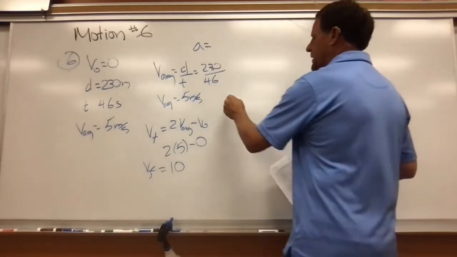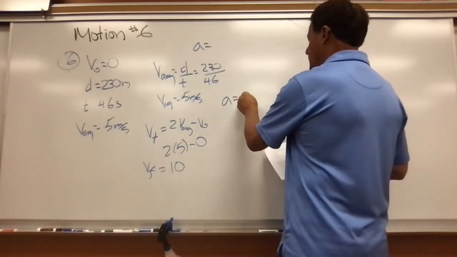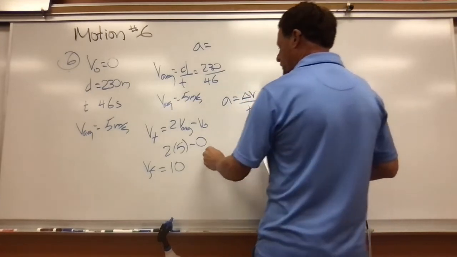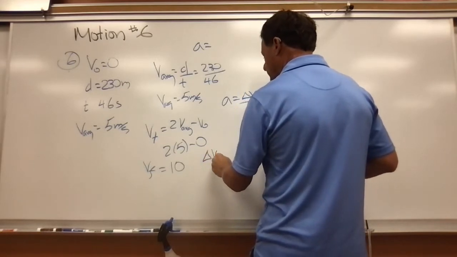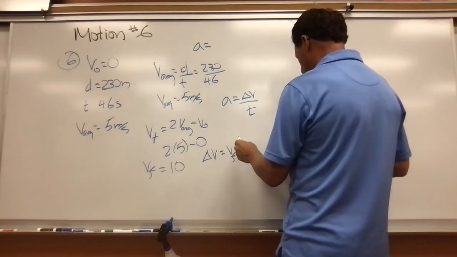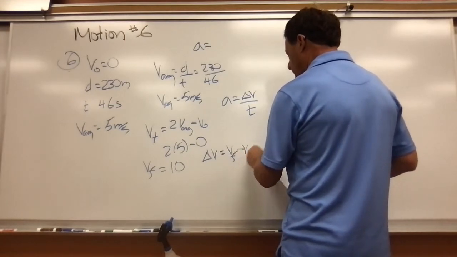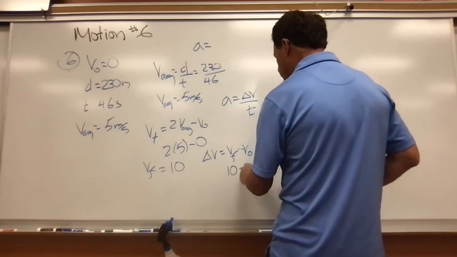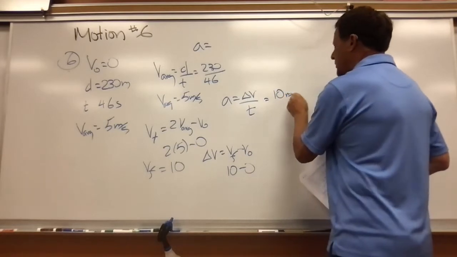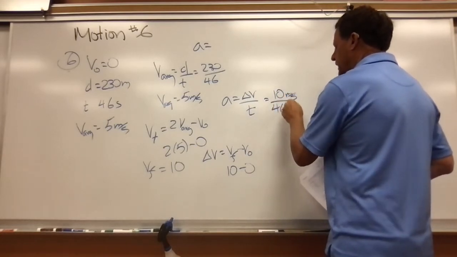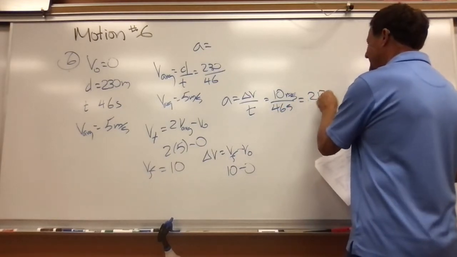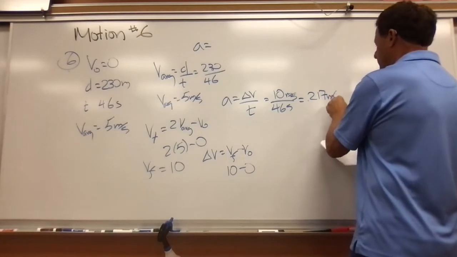And now we can get our acceleration, which is delta V over t. So our delta V is going to be V final minus V original, which is going to be 10 minus 0, which is equal to 10 meters per second divided by our time of 46 seconds, and that's going to equal 0.217 meters per second squared.